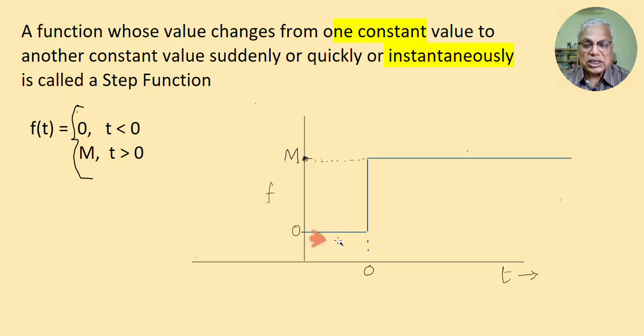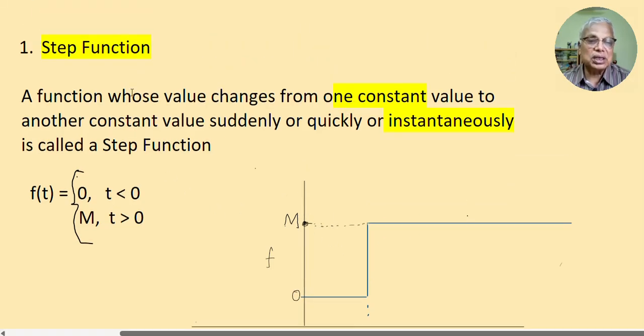Instantaneously is the perfect word. It changes from one constant value to another constant value. The constant value prior to the change is 0 and after the change is m. It looks like a step, so that is why it is known as a step function.